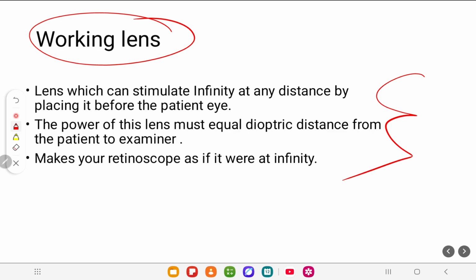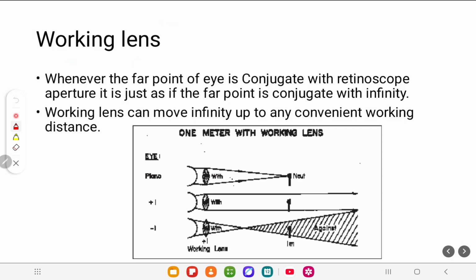Let's discuss this working lens with this picture. Whenever the far point of an eye is conjugate with the retinoscope aperture, it is just as if the far point is conjugate with infinity. The working lens can move infinity up to the convenient working distance. That's the central point.